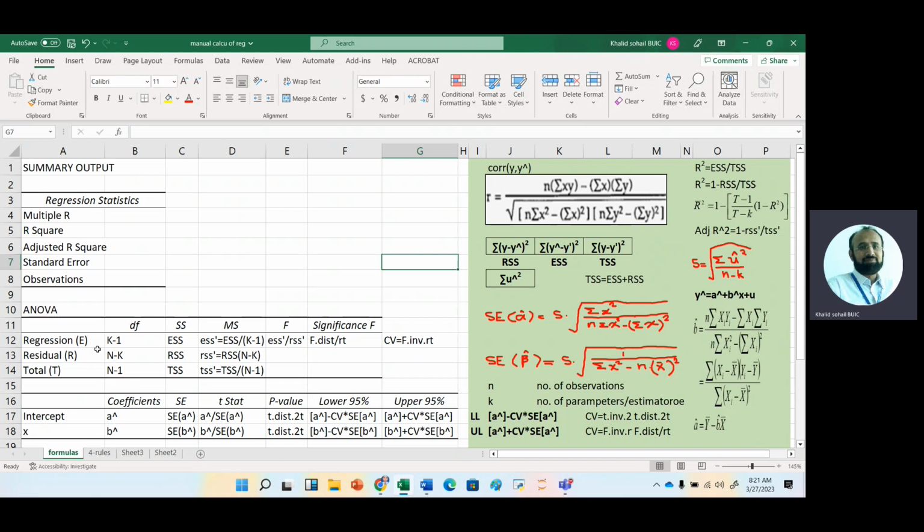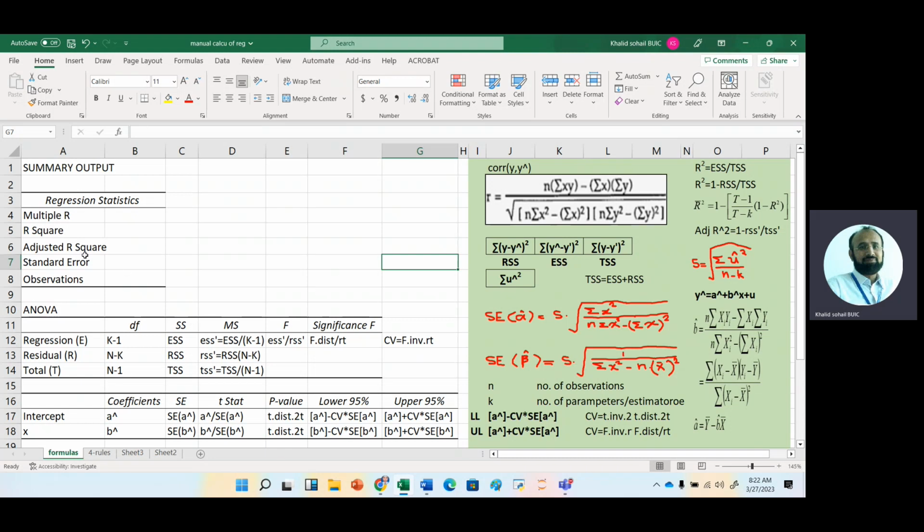Then the ESS, here the row is E and the heading is S, so it is ESS. Then this location is RSS, then TSS. Then we have mean ESS and mean RSS. How can we get them? We divide these sums of squares that we have calculated by their degrees of freedom. We can get these mean ESS, and how can we get F? F is basically mean ESS divided by mean RSS.